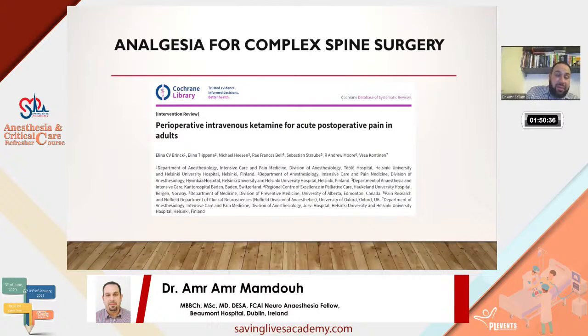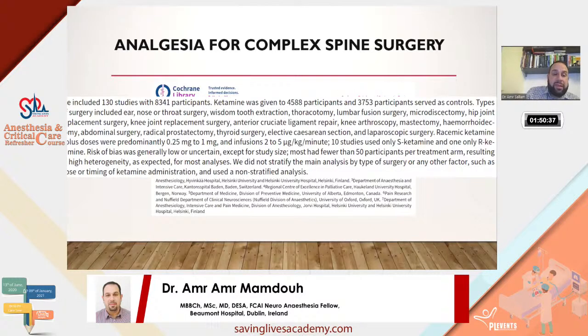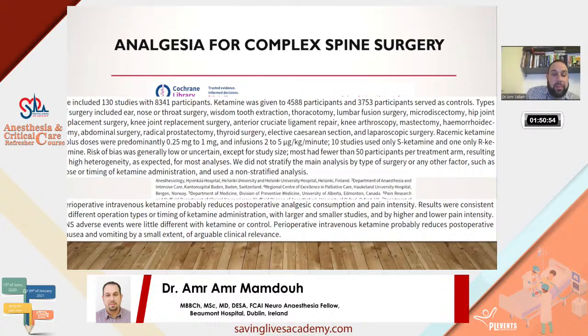This is one of the brilliant systematic reviews and meta-analyses, and it includes about 130 studies with more than 8,000 patients. It concluded that perioperative ketamine infusion reduces all the analgesic requirements and opioid consumption as well, and improves the outcome of these patients and the opioid requirement and its complications.